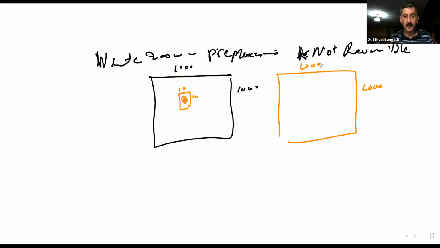And that's why we also say that zooming in improves spatial resolution.